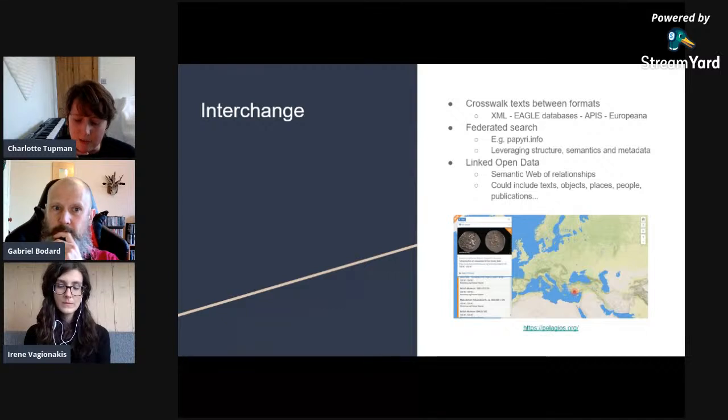That draws together various different types of objects depending on where they're found. And so if you are interested in a particular archaeological site, you could search for that site and find that there are coins, inscriptions, and all sorts of other types of archaeological objects relating to that site.